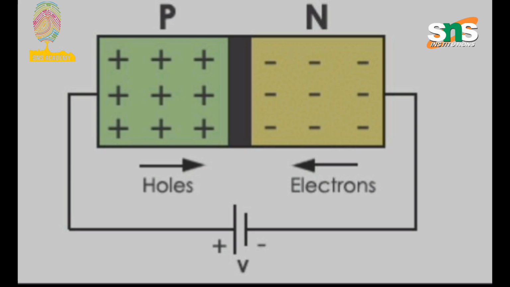During the formation of the PN junction, due to the concentration gradient across the p and n sides, holes diffuse from the p side to the n side and electrons diffuse from the n side to the p side. This motion of charge carriers gives rise to diffusion current across the junction.